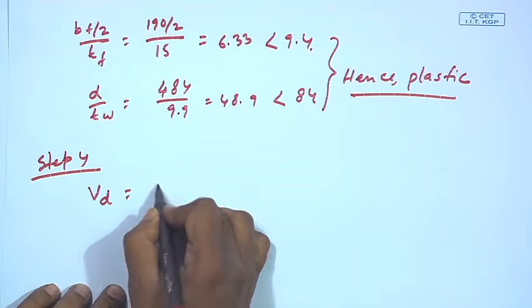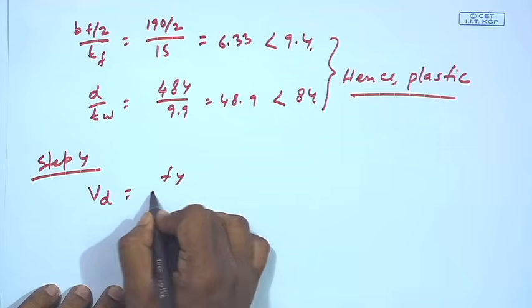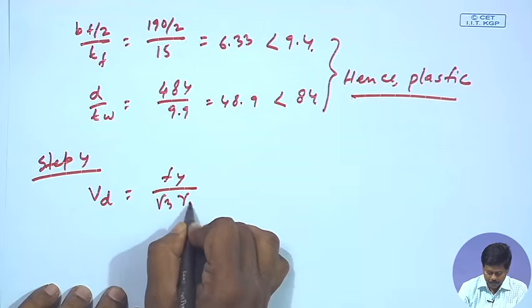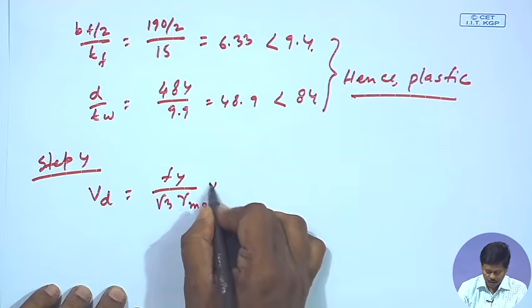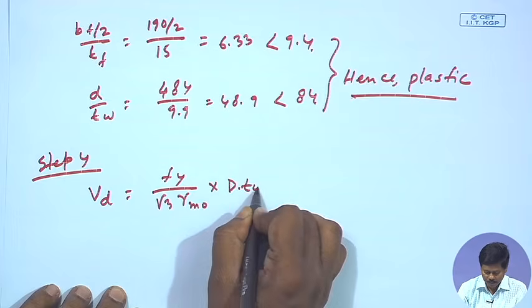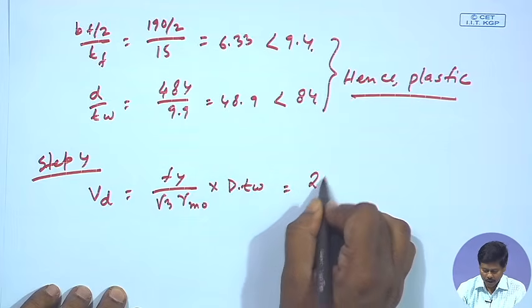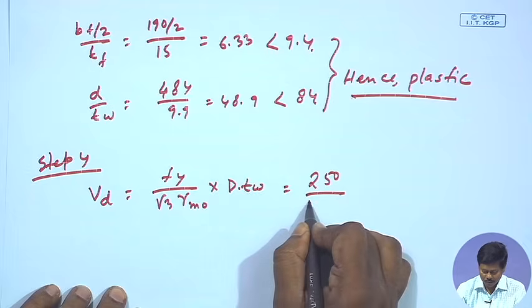So, for that we have to find out what is the design shear strength of the section, and also we have to know whether it is plastic, compact or semi compact. According to that, the beta V value will be calculated, right. So, here Vd will be Fy by root 3 gamma m0 into d into Tw.